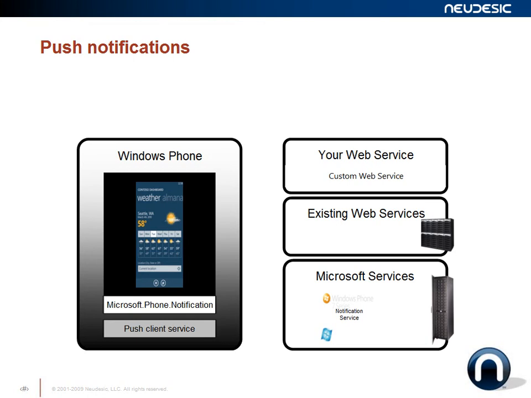So the way that you can think about this is, you're building an application and you want to be able to send push notifications to a user running your app on their device. One of the things that you want to do to comply with the certification guidelines is make sure the user opts in. So ask them if they want to accept push notifications, and then if they do, your Windows Phone 7 application will register itself with your service.